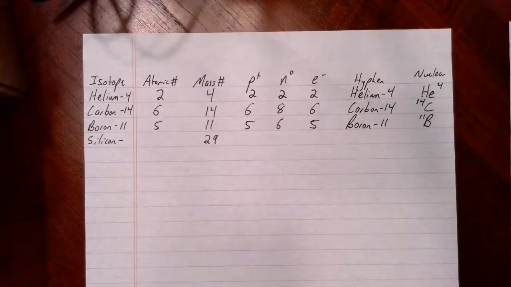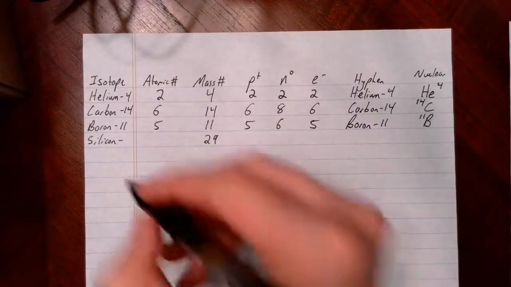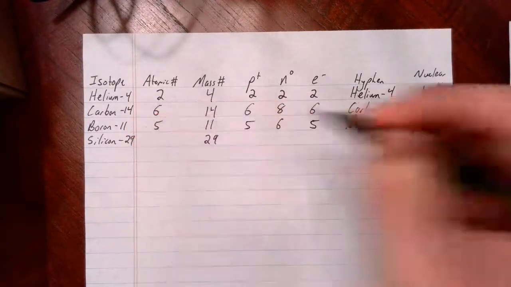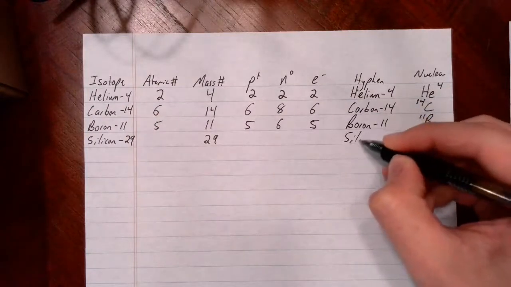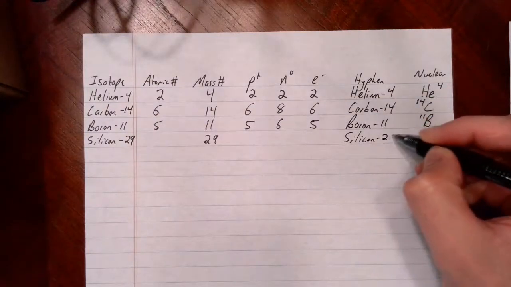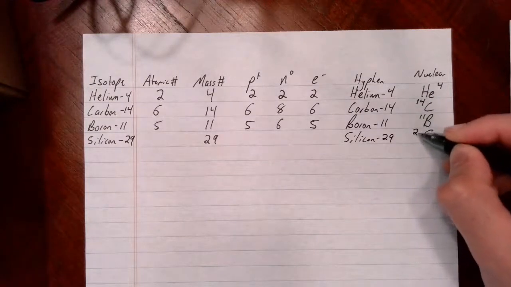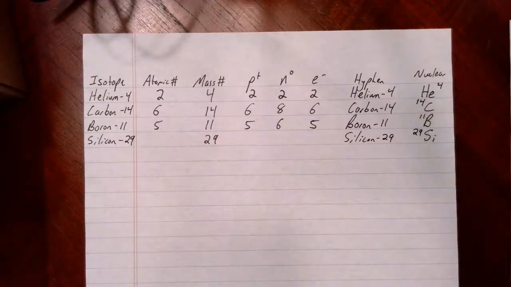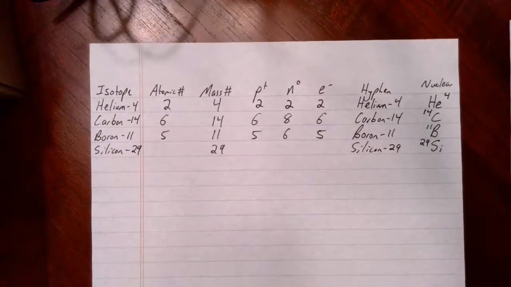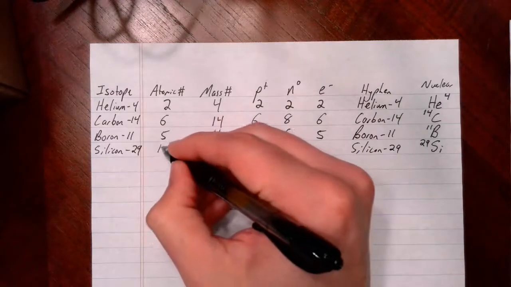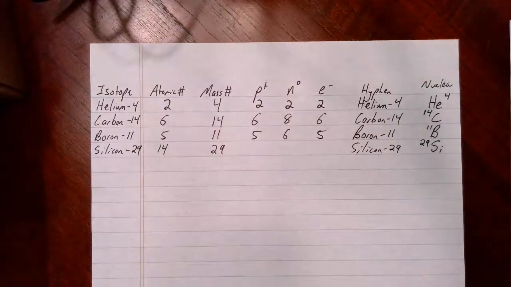So then silicon, we have silicon 29. So I can fill in 29 as the mass number. I can write silicon 29. I can write Si 29. Hopefully you have learned your chemical symbols by this point. So I know that the atomic number for silicon is 14. I can get that pretty easily from the periodic table.